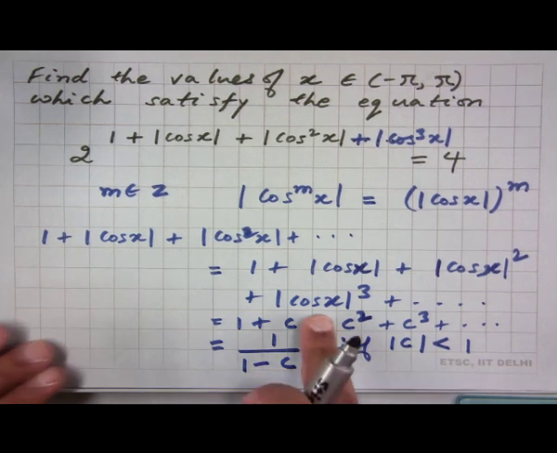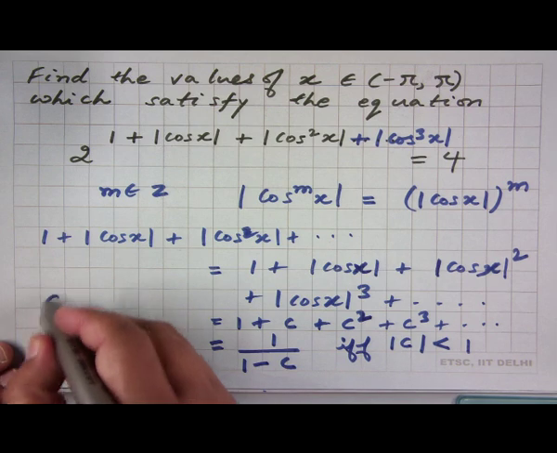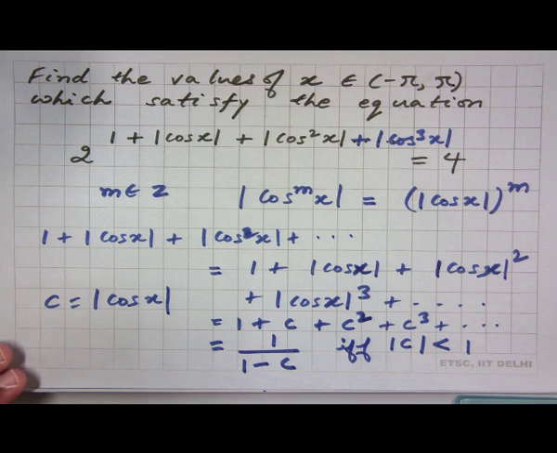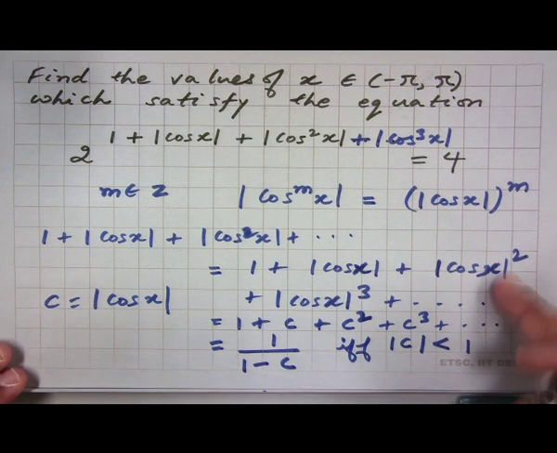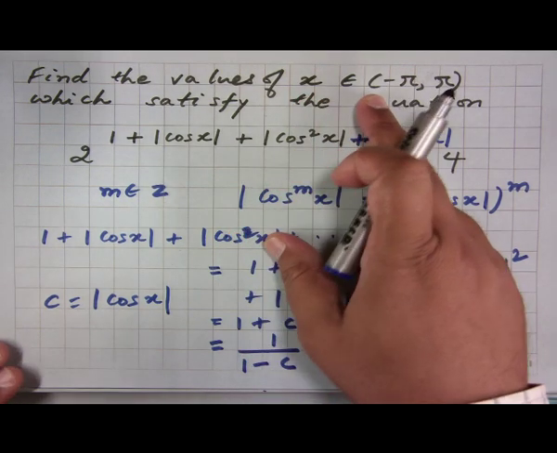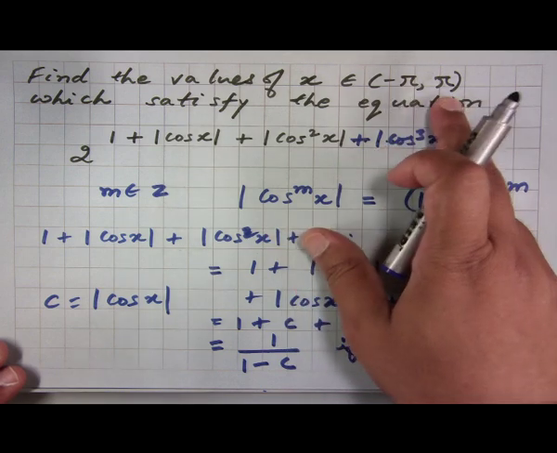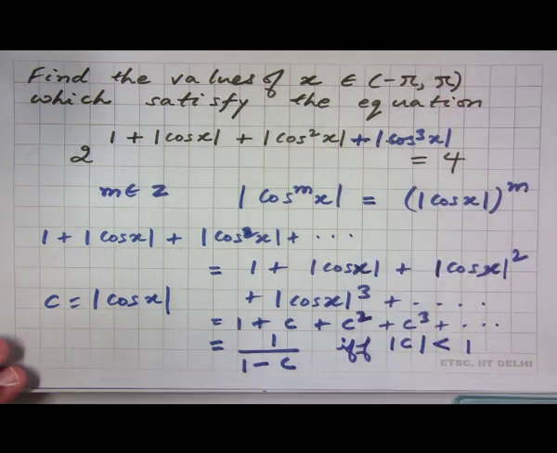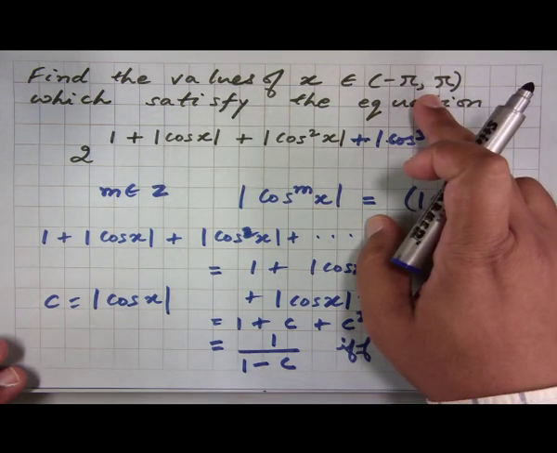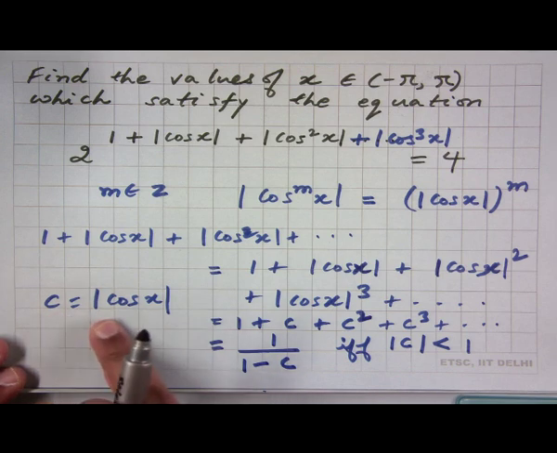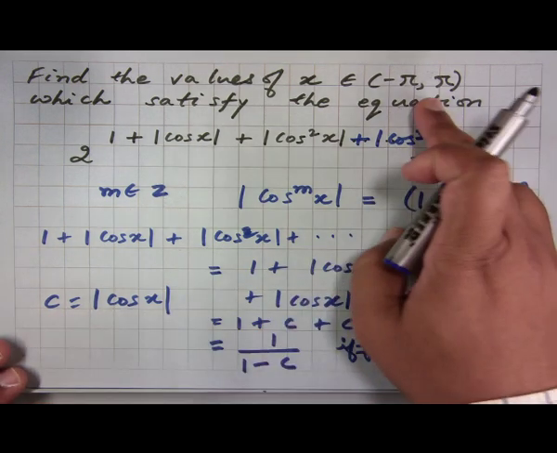Here of course, c is equal to modulus of cos x. By comparison, we are told that x should belong to the open interval minus pi to plus pi. So, in this open interval, there is only one place where c could be 1, which is when x equal to 0.